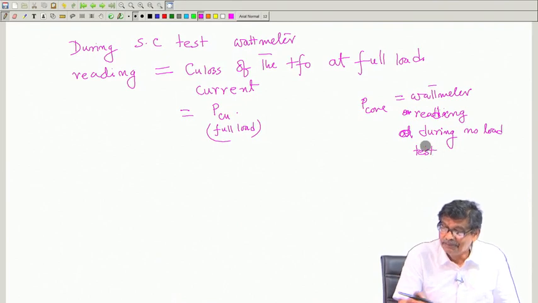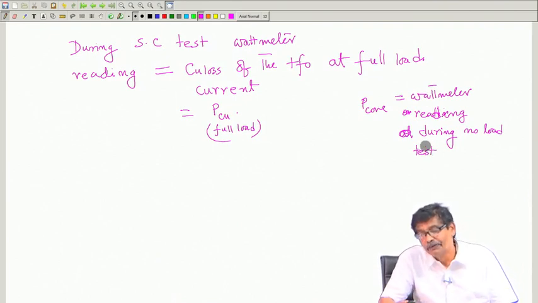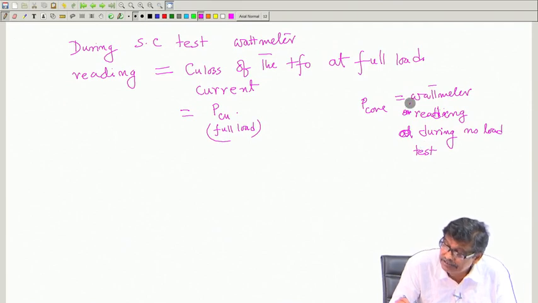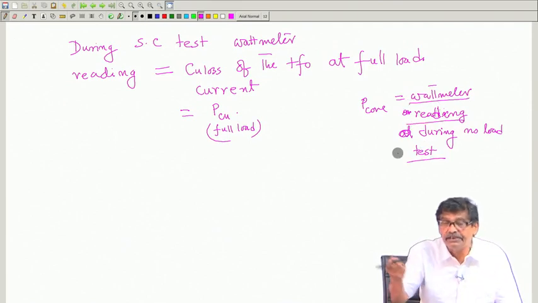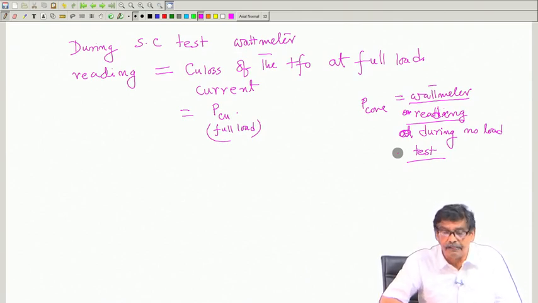Because I have applied rated voltage, rated frequency, the flux remains same and the wattmeter was reading only the core loss alone, we neglect the copper loss at that time. So, this is the thing, and which is constant. As we change Z, P_core will practically remain constant.